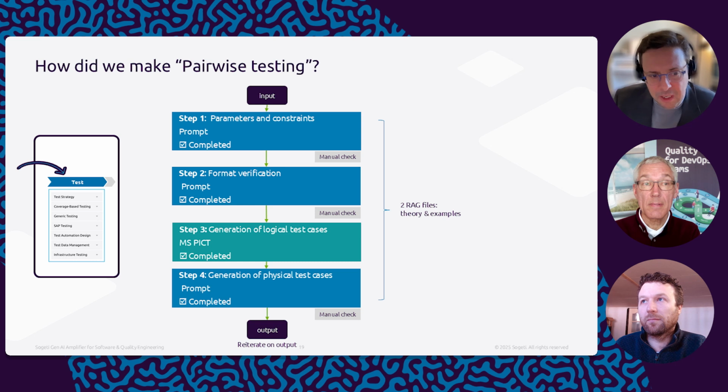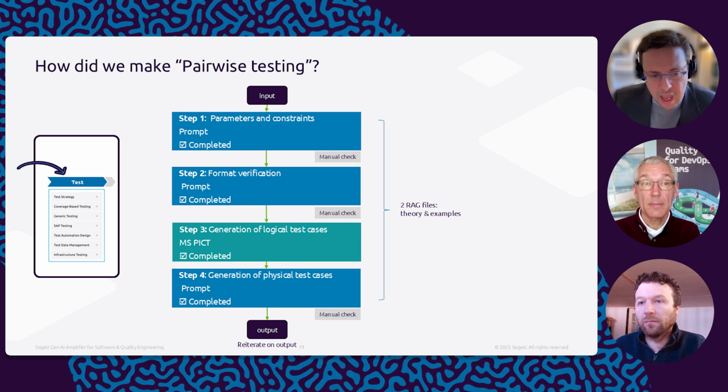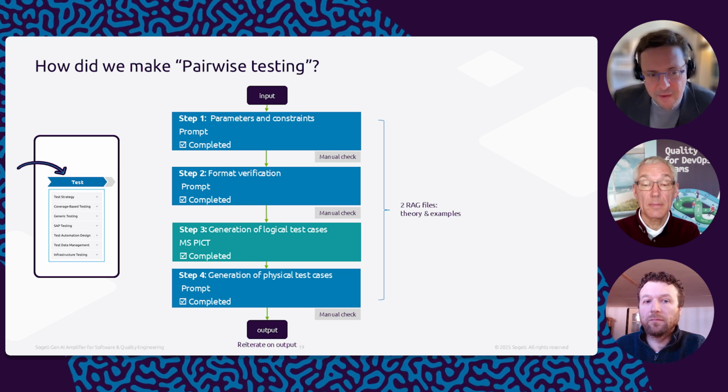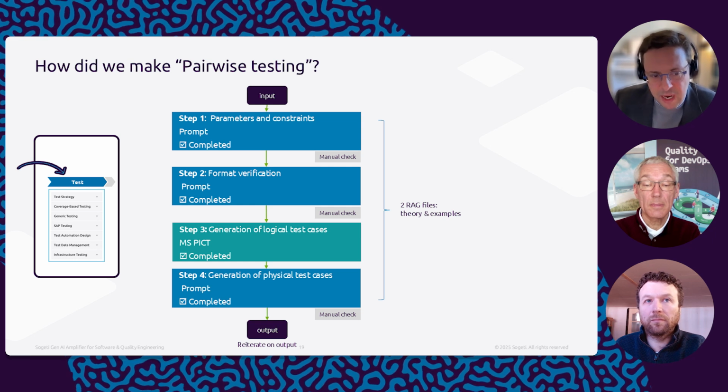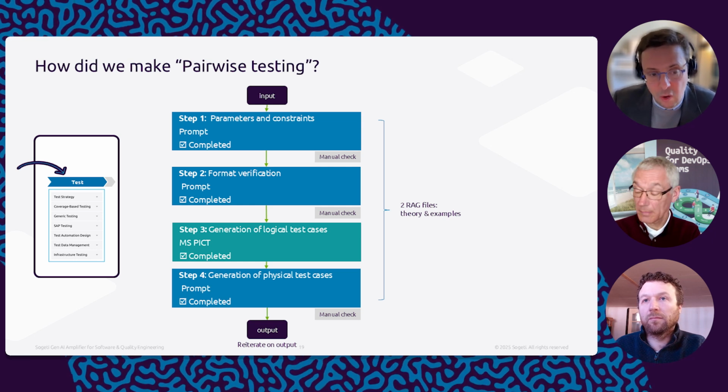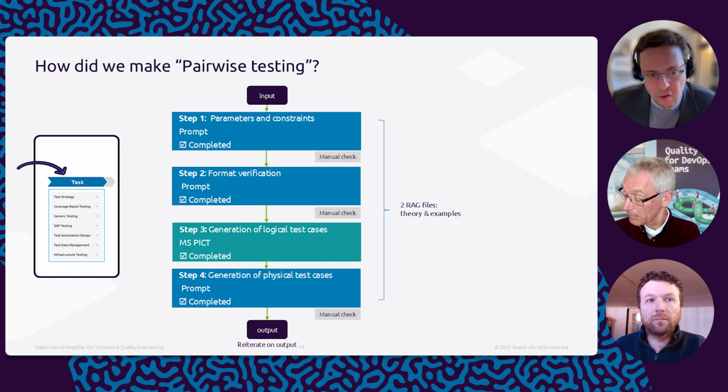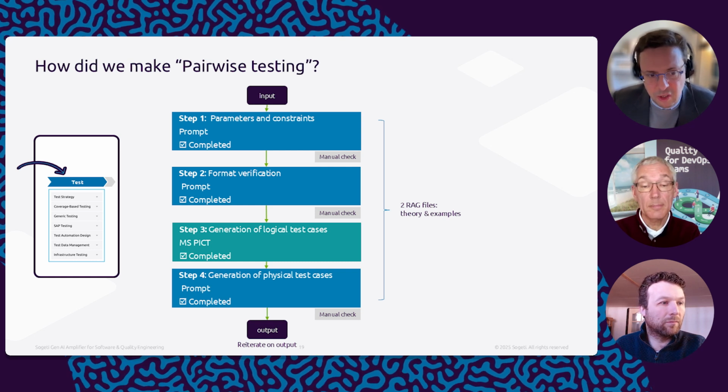Why? Because in step 3, we have embedded MSPICT in Amplifier. And we know that MSPICT is, let's say, almost perfect on generating logical test cases based on an input.